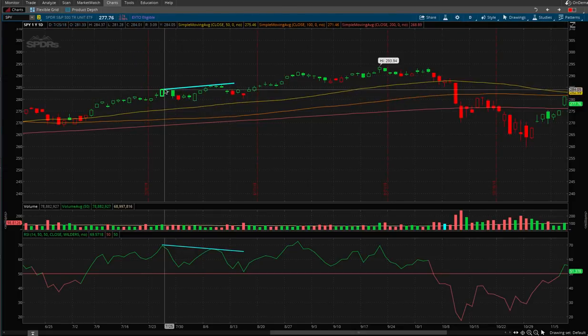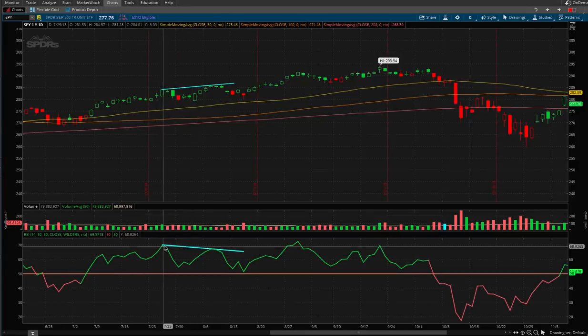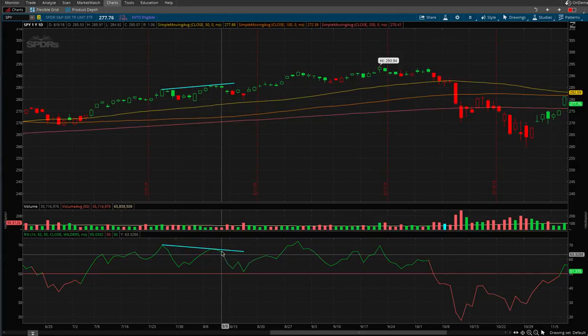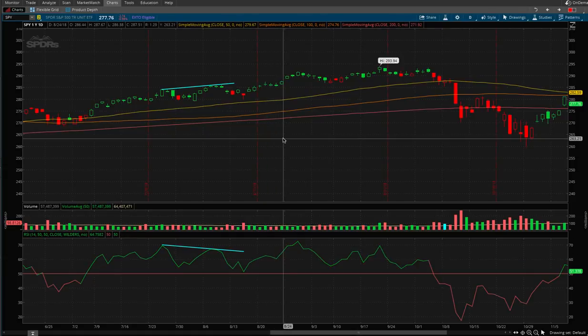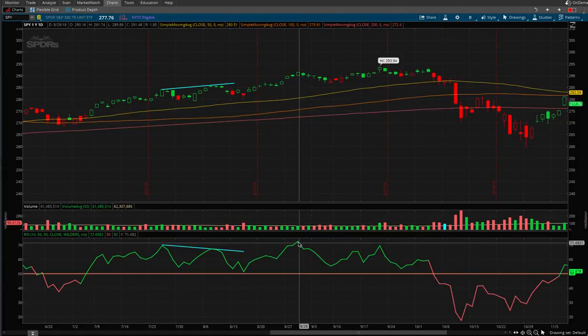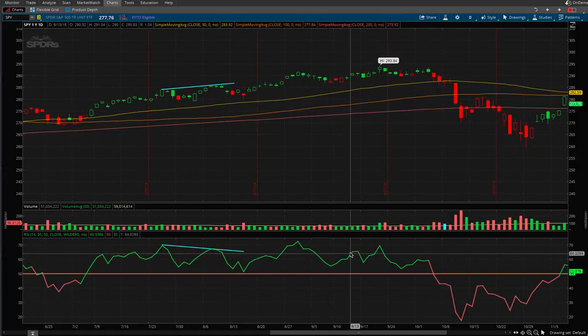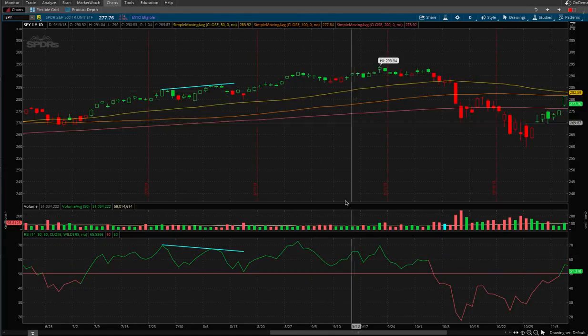So we have a high and then a higher high, and then a high and a lower high. Then it dips, but bounces off near that 50, comes back up, and makes a higher high. Then here we make a higher high, come back down, and make a lower high.